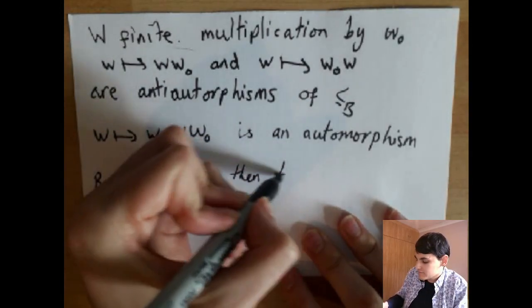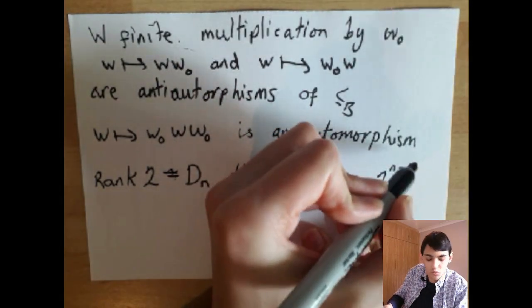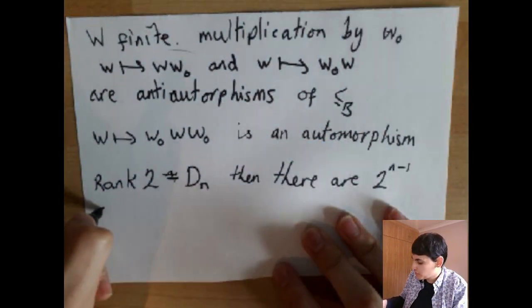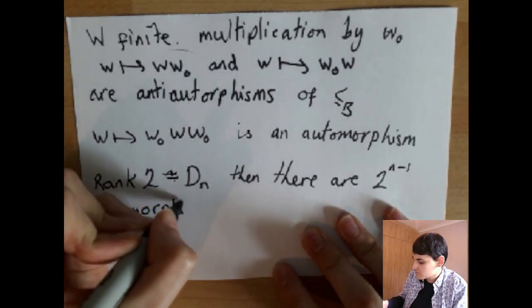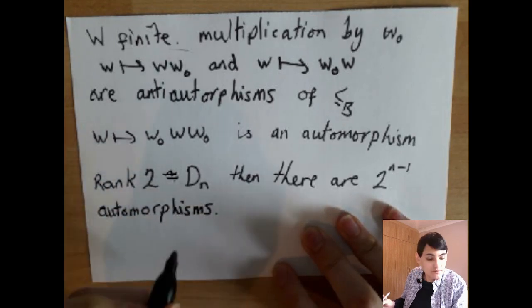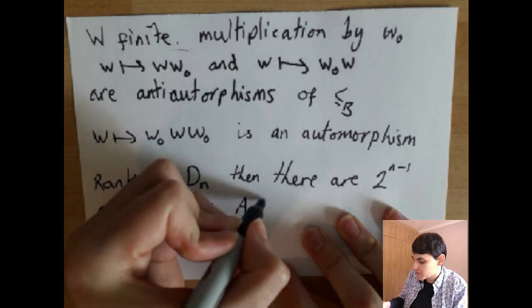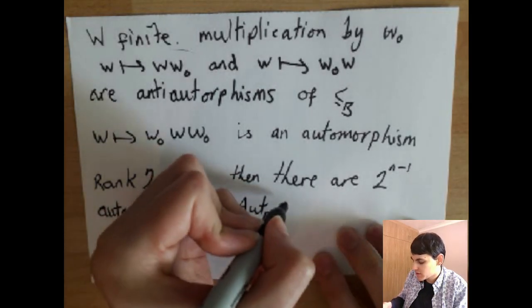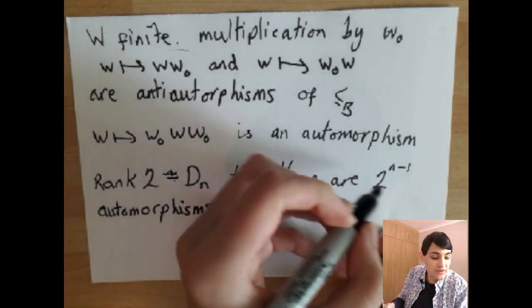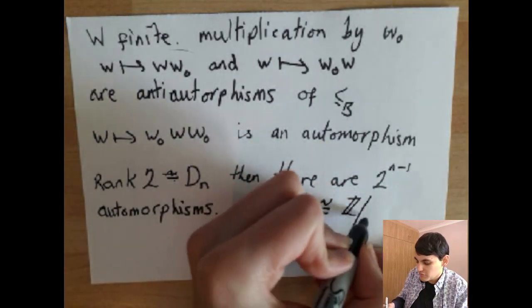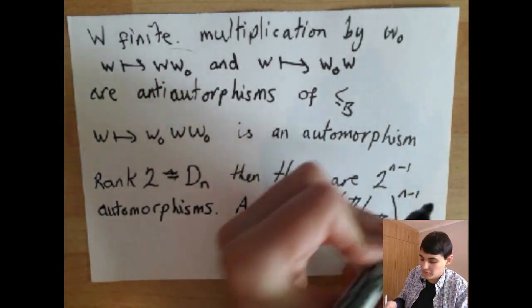Then there are 2 to the n minus 1 automorphisms, and the group of automorphisms of the Bruhat order, Aut Br of W, is actually isomorphic to Z mod 2Z to the power of n minus 1.